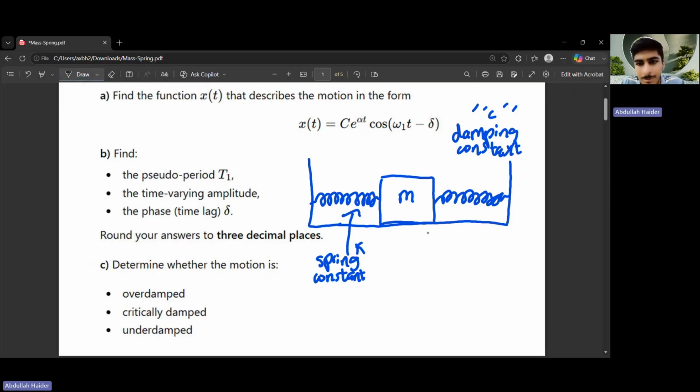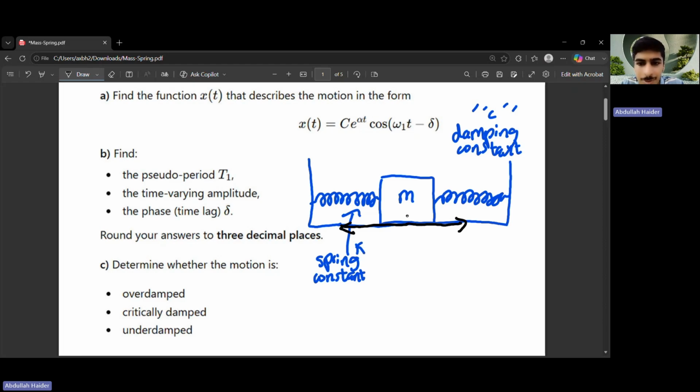When you give the block a push to the right, let's say, or to the left, then damping is a type of thing which reduces the energy of the system as it oscillates back and forth.